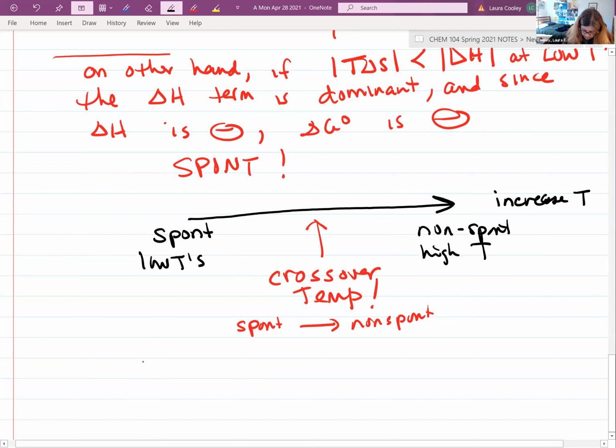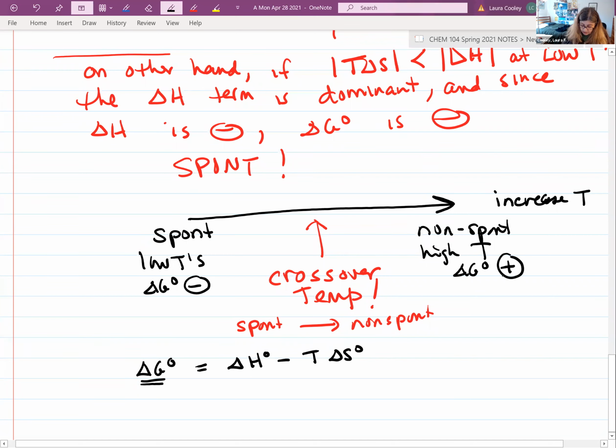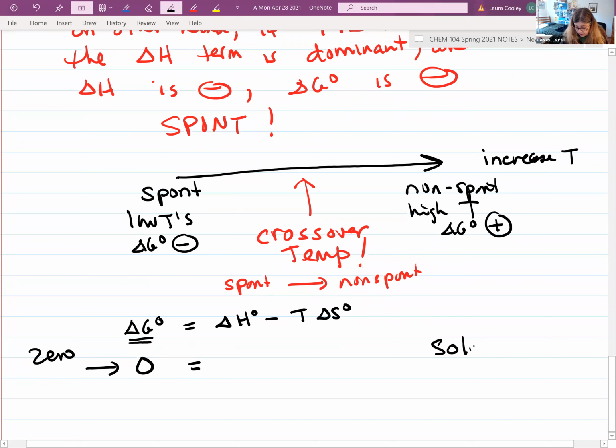When does that happen? Well, we're using this formula over here. So what happens is it goes from delta G0. So at low temperatures, you have delta G0 is negative. At high temperatures, delta G0 is positive. Well, when delta G0 is 0, we can solve for the crossover temperature.